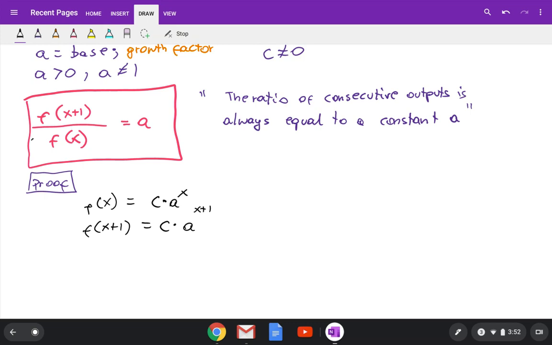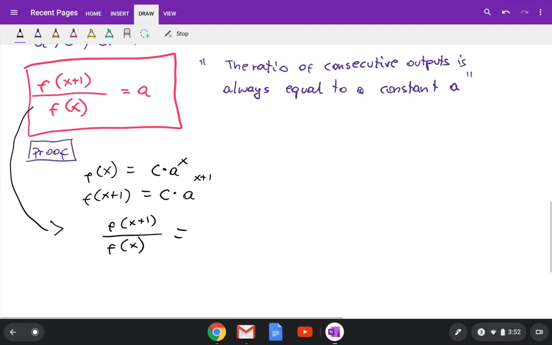Now I'm trying to prove the left side of that theorem, f of x plus 1 divided by f of x, and show that it equals a, the base of the exponent. So f of x plus 1 is c times a to the power of x plus 1, divided by f of x, which is c times a to the power of x. You have multiplication, so you can cancel the initial value c, and we end up with a to the power of x plus 1 over a to the power of x.